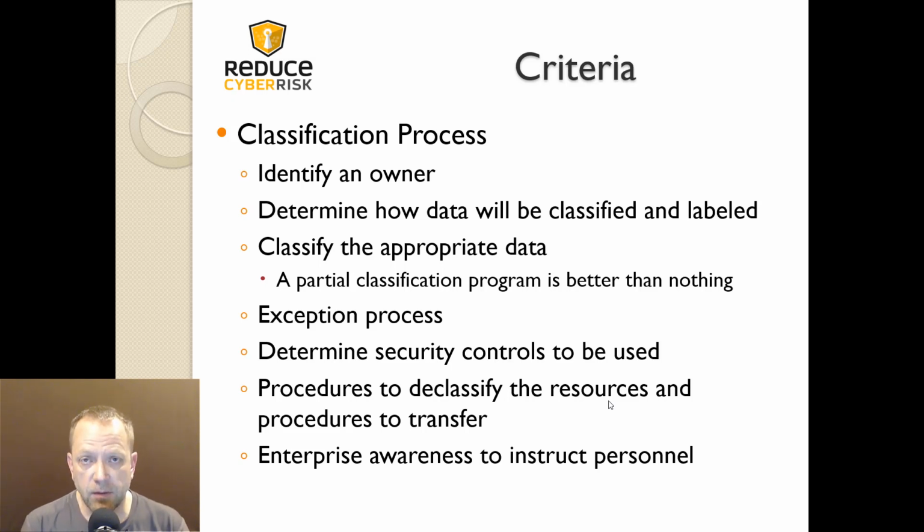How do they transfer the information? What are the exemption processes, and what is the destruction process? All of those key aspects need to be created from beginning to end, and you need to teach people how this works. Because if you don't do that, they're going to go out and make all kinds of crazy changes to your environment, and it will affect your overall protection of your IP.